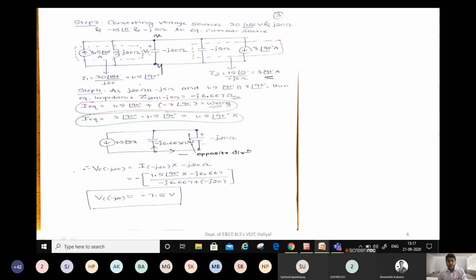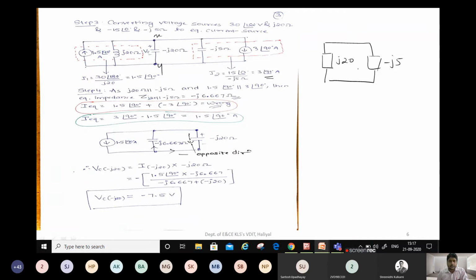Okay. Now what we can do is, as we have these two in parallel, see this is inductor and capacitor, but you should treat them as impedance values. So we have J20 in parallel with impedance minus J5.